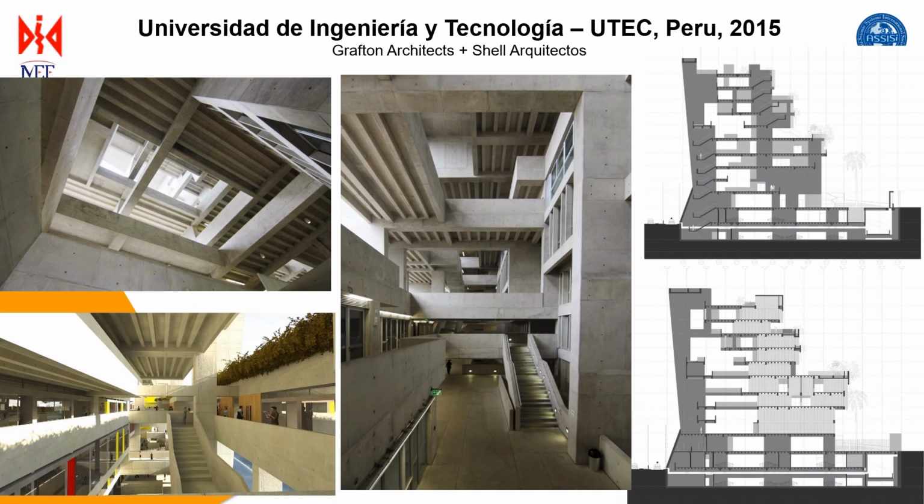Cantilevers more than 6 meters in length. Greater spatial wealth, comfort, sustainability. All levels are different. The transmission of loads is not direct. The seismic isolation system is not visible. It does not interfere with the plastic of the architecture.